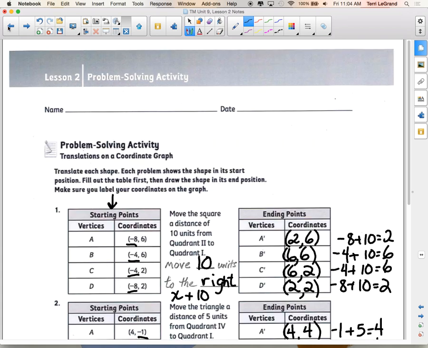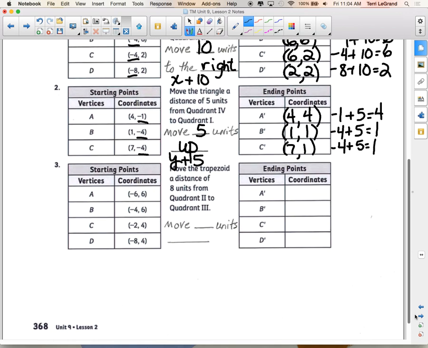If you're ready to move on, I want you to see if you can fill in what we need to do for number 3. If you can figure out yourself what needs to be done.